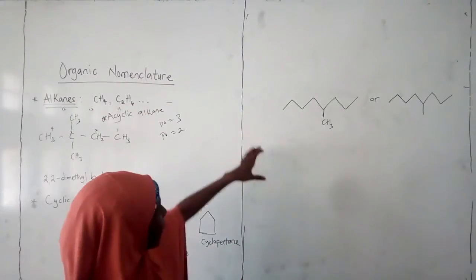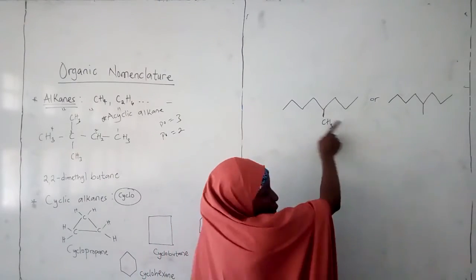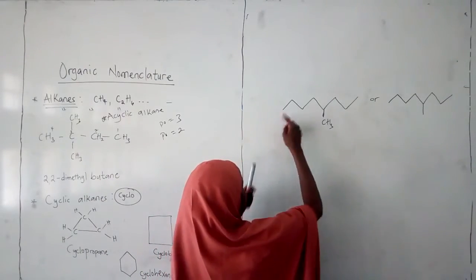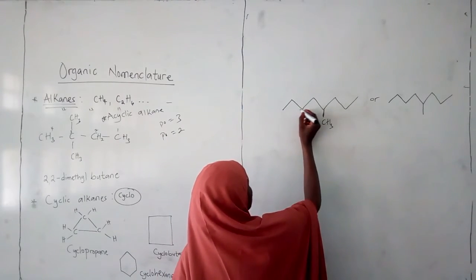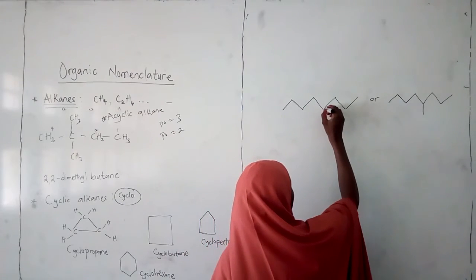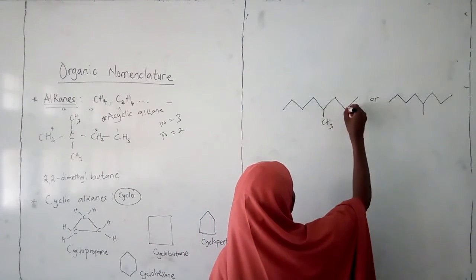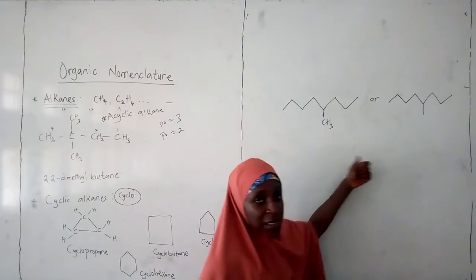So now here, the edges here is showing us that we have carbon atoms. This here is a carbon atom here, a carbon atom here, a carbon atom here, a carbon atom here, carbon atom, carbon atom, carbon atom, and carbon atom. Here, this structure is the same thing as this.